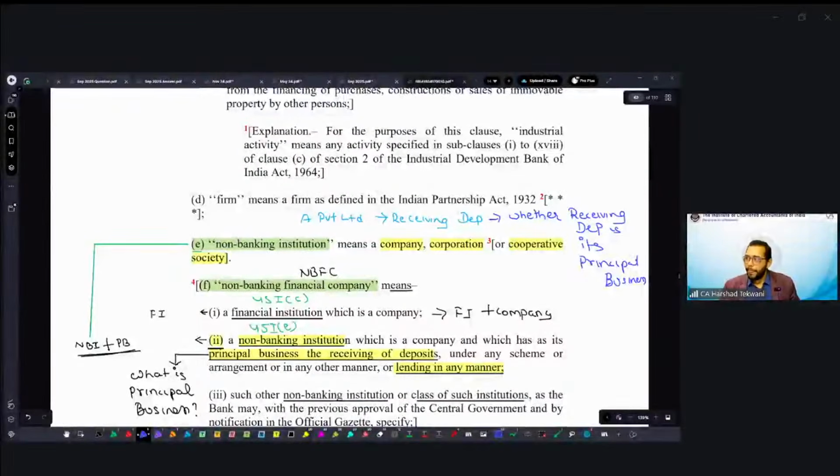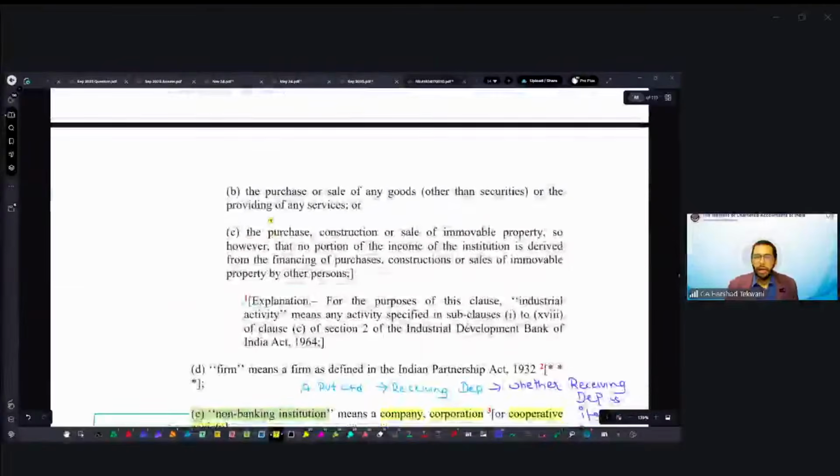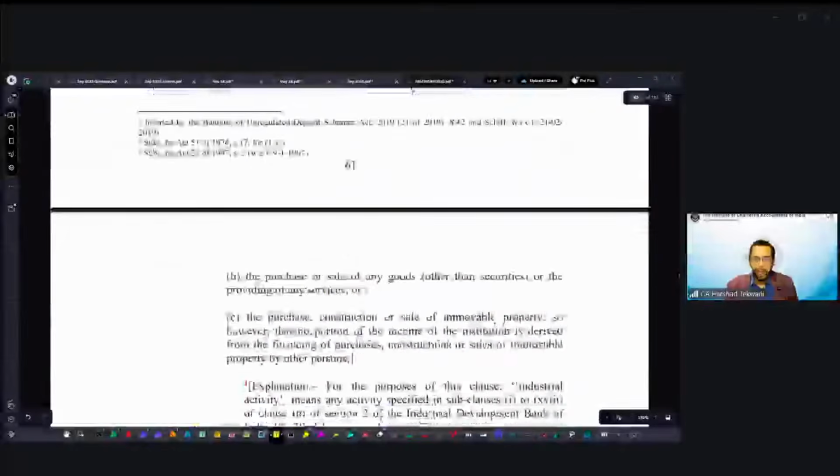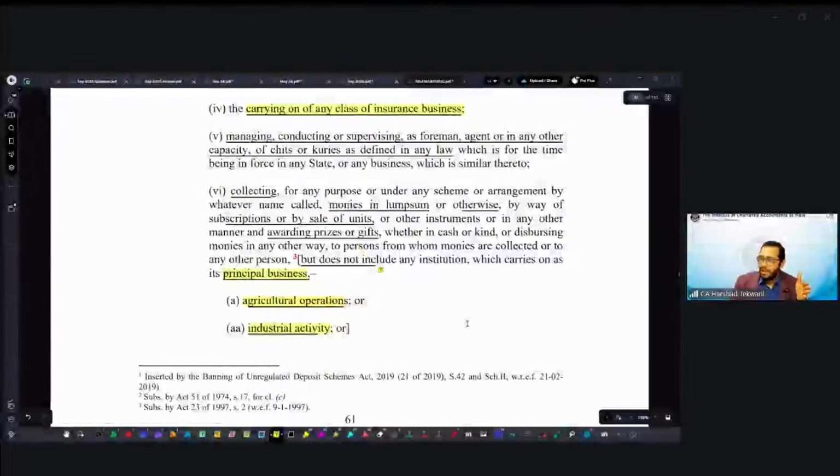Because if you see, even in the financial institution, there is something similar mentioned, that if the financial institution has principal business of agricultural operation, industrial activity, purchase and sale of any goods, purchase and construction of immovable property, then I will not classify that as a financial institution, as it does not include any institution which carries on this.